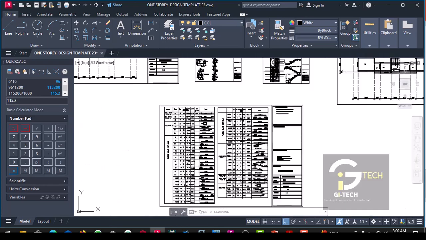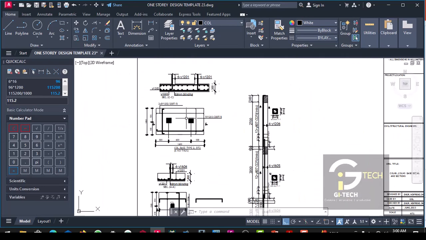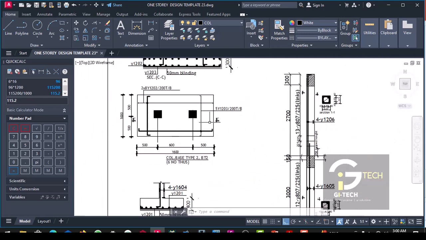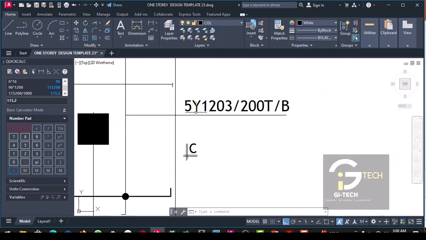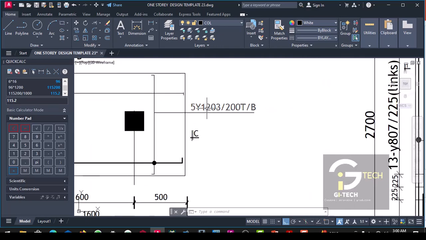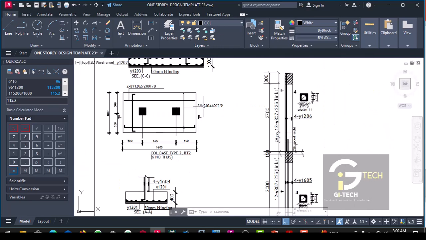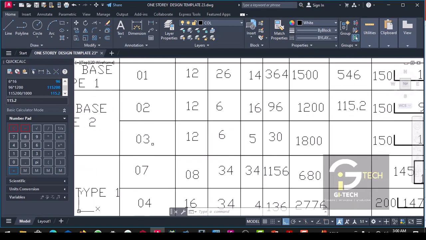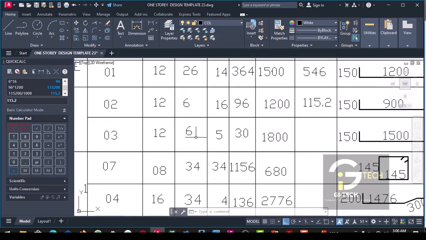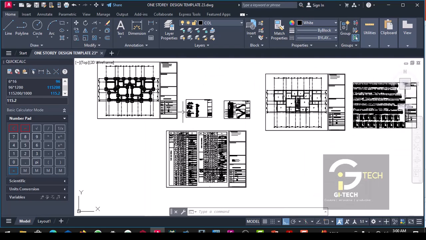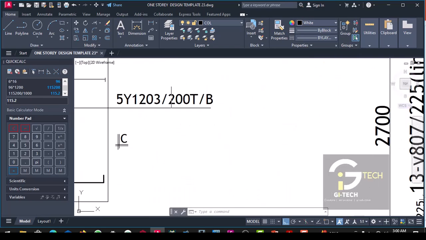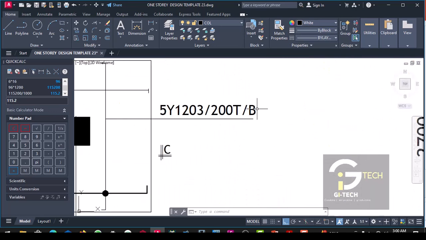We are done with O2. So we move to O3. O3 has the same diameter of reinforcement, which is Y12. Then the same number does. But here we have number in each. Remember that it is top and bottom.